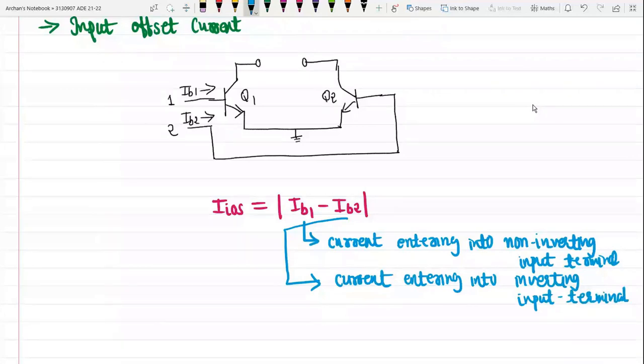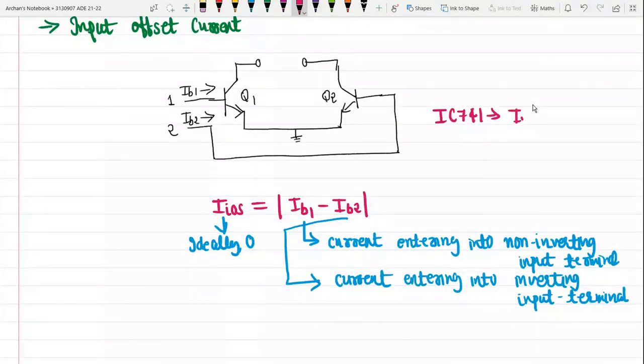If we talk about the ideal value, ideally IIOS should be equal to 0, but practically it is not equal to 0. If I take the case of the most used IC, that is IC 741, then the value of input offset current for IC 741 is 200 nanoamperes.